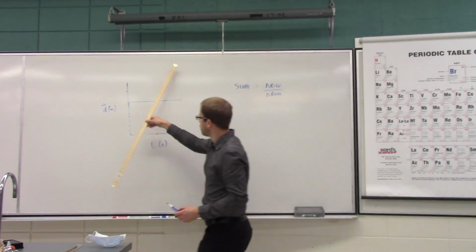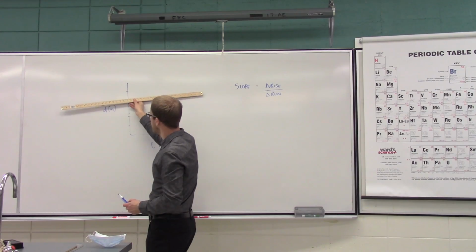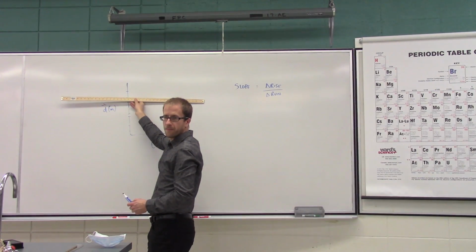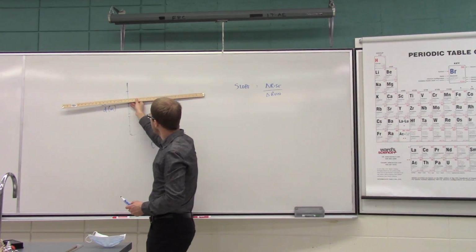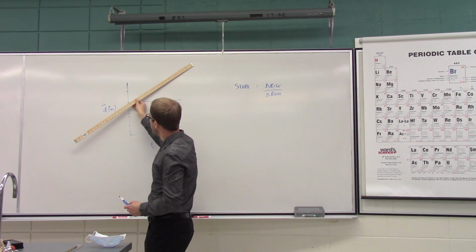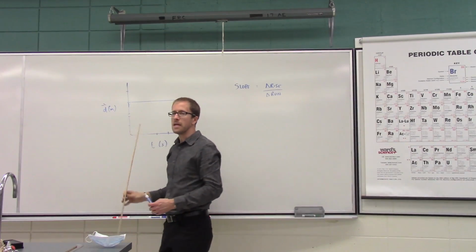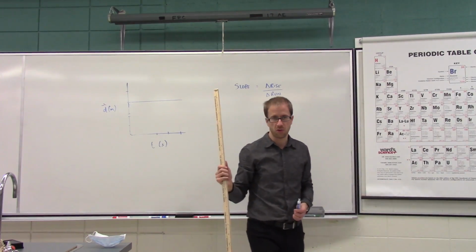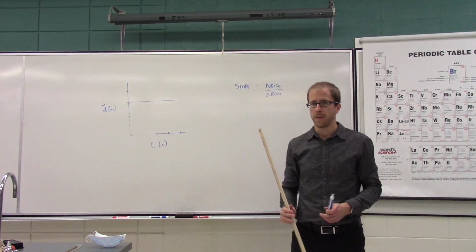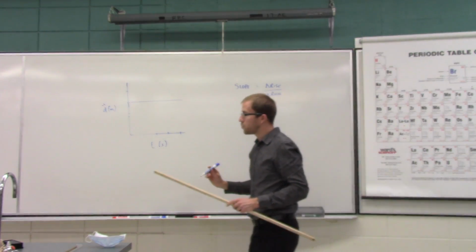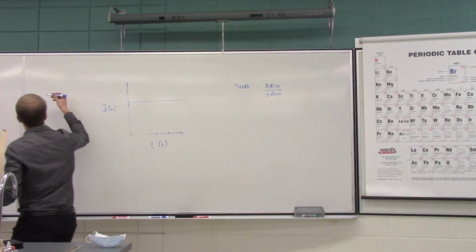In fact, if you go completely horizontal, what has your object done? It's come to a stop. Now, in the opposite sense, the steeper my line becomes, what's happening? I am increasing my speed. I'm going faster and faster. So keep that in mind as we do our next example here.